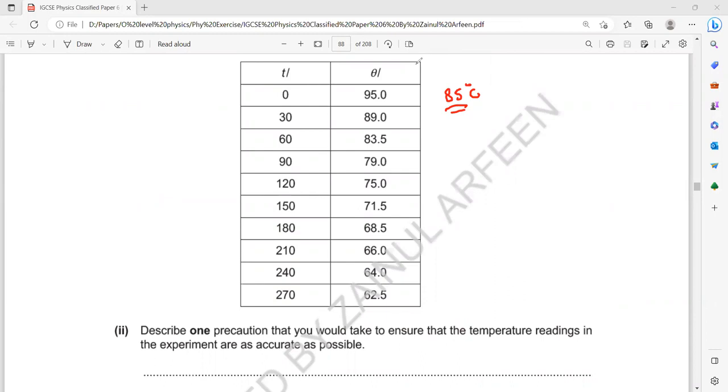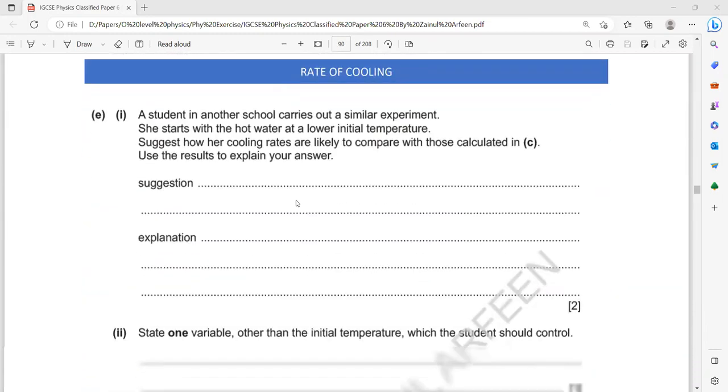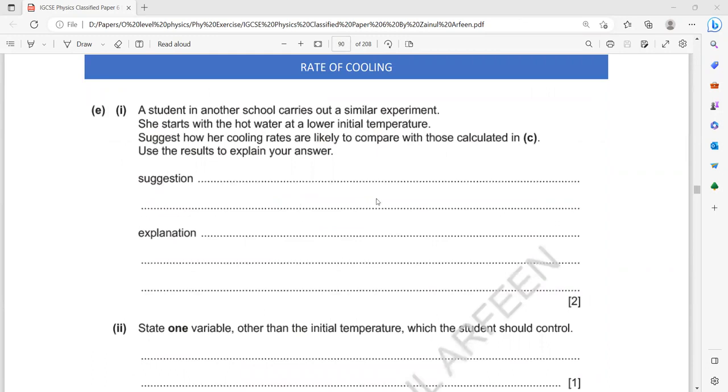When we compare her result with the previous one, what will happen to the rate of cooling? Will she have a higher or a lower rate of cooling? Lower. So she will have a lower rate of cooling.